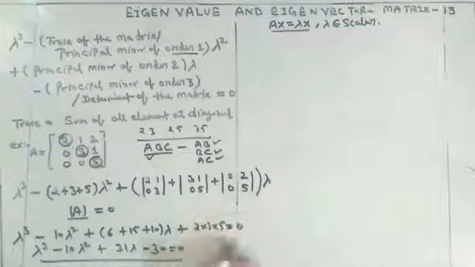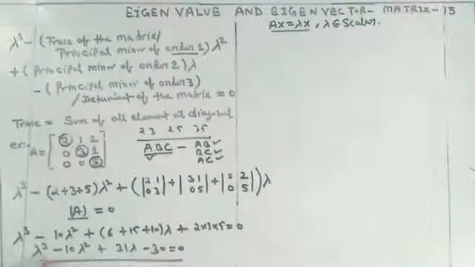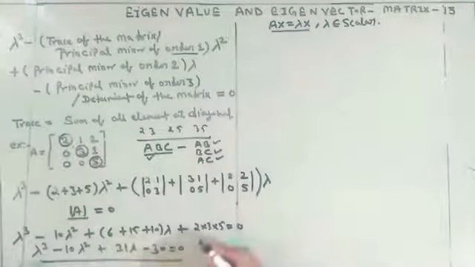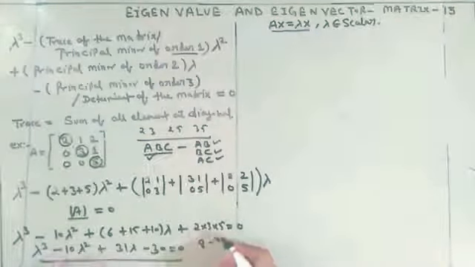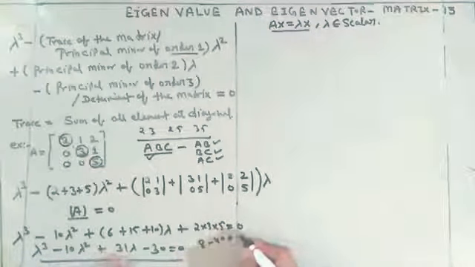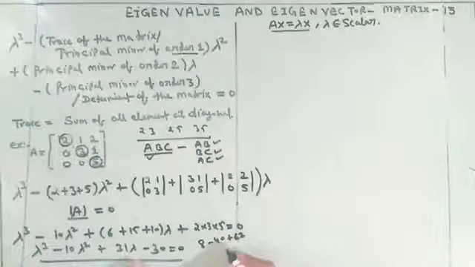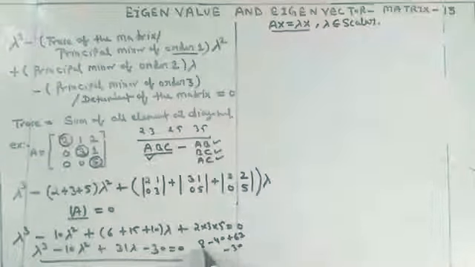There are many factors, you can just use your high school method. If you take 2, it is also a factor of 30. If you take 2 cubed, that is 8, minus 40 plus 62 minus 30, now calculate it.